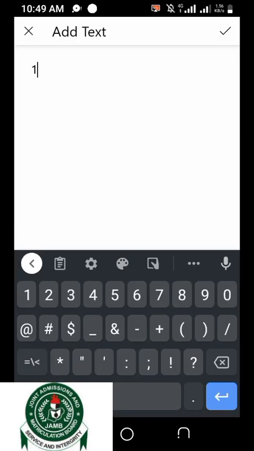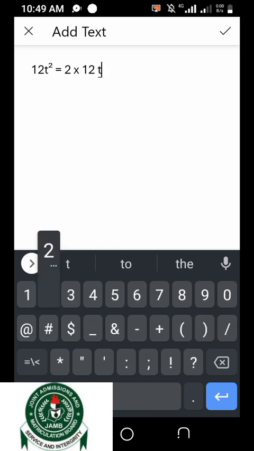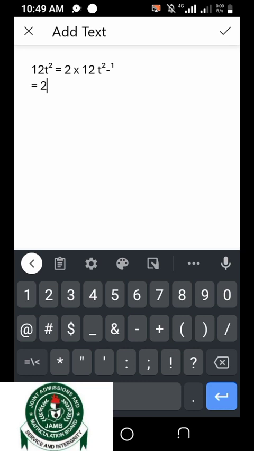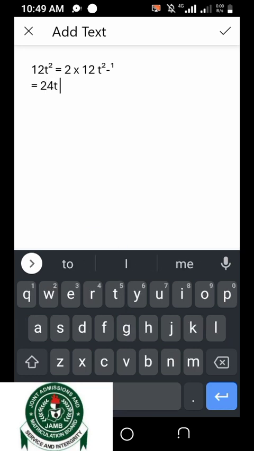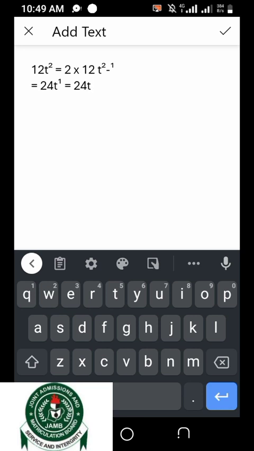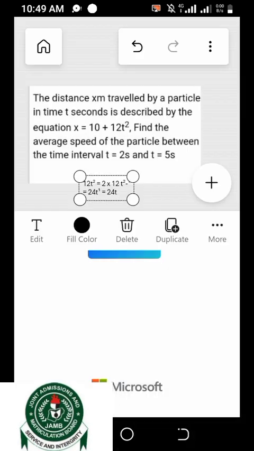If we have 12t raised to the power of 2, it should be equal to 2, which is the power, times 12t raised to the power of 2 minus 1. So we'll be left with 24t raised to the power of 1, which is the same thing as 24t.